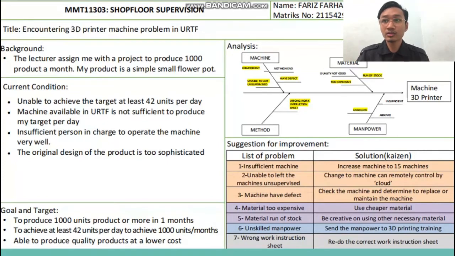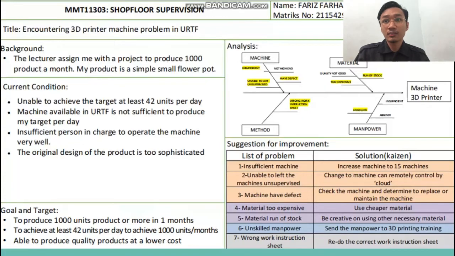We have to use machines that can be remotely controlled by cloud. Then machine has defect. Check the machine and determine whether to replace or maintain the machine.